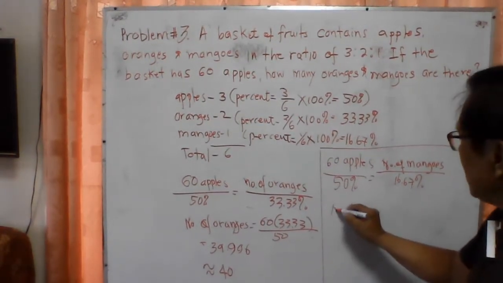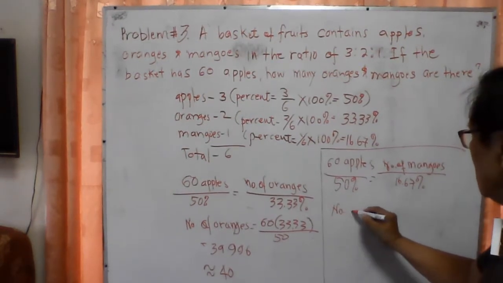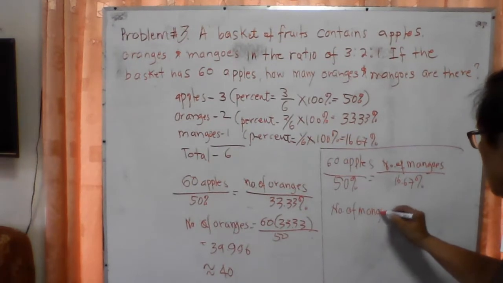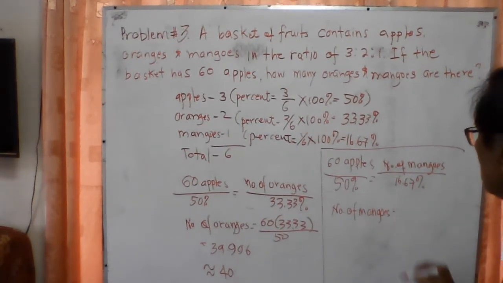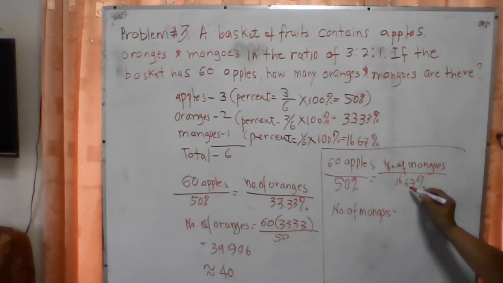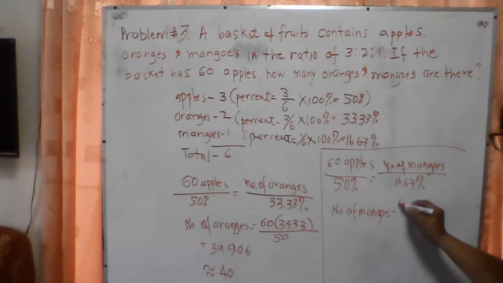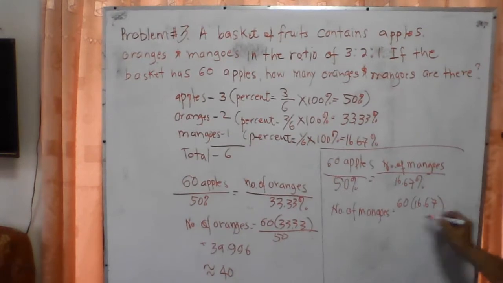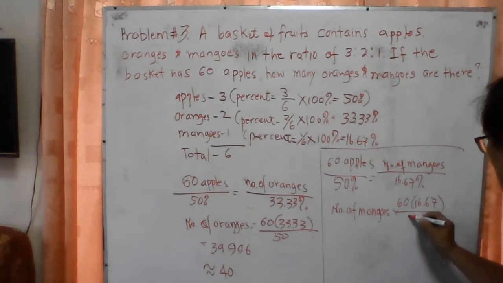So the number of mangoes, transposing, equals 60, move this over there, 60 times 16.67 divided by 50.